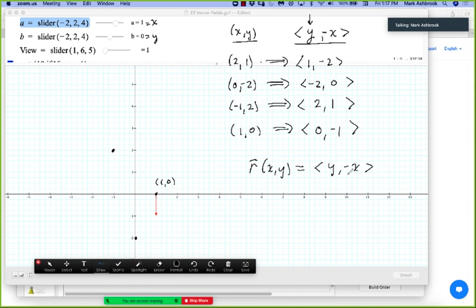And to get the y component of the vector, you take the opposite of the x coordinate. So then what we have here, if I would show you lots of those vectors at once, it would look like this.